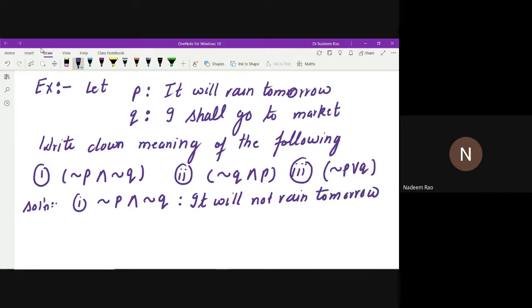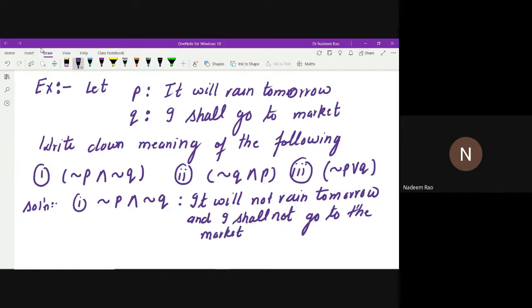And we have the conjunction here, then we put: and I shall not go to the market, because it's the negation of Q.